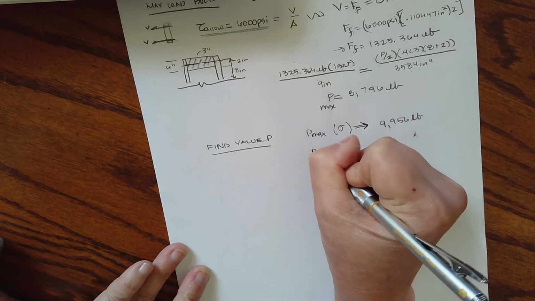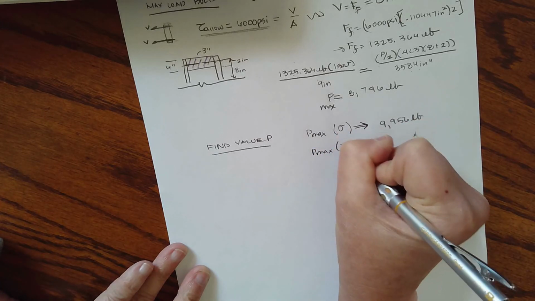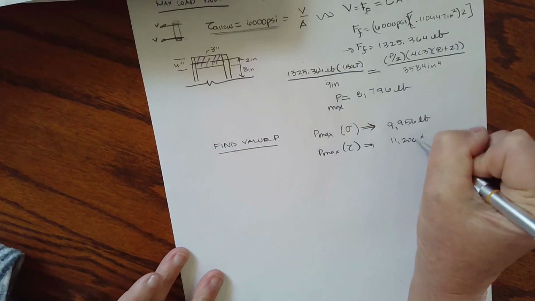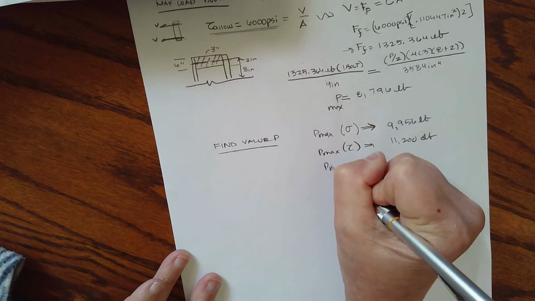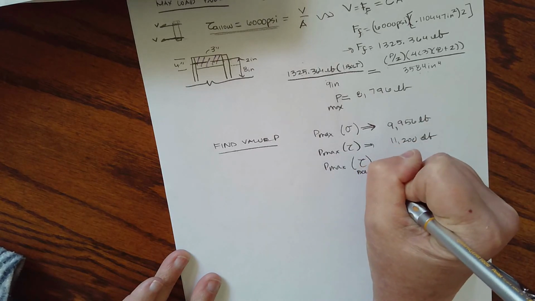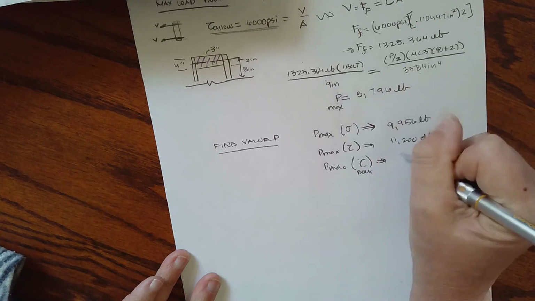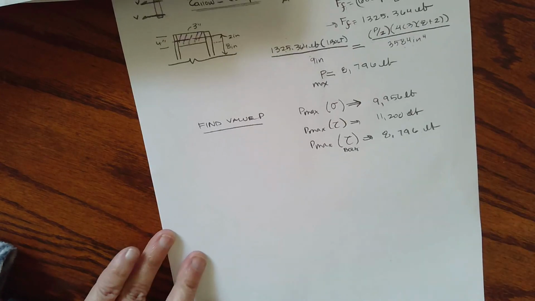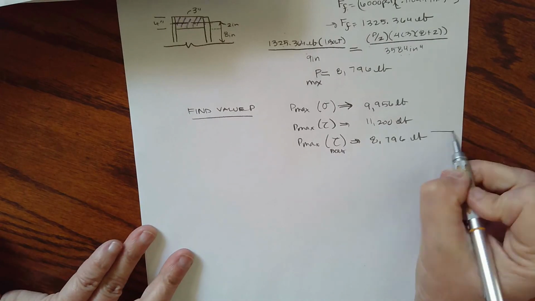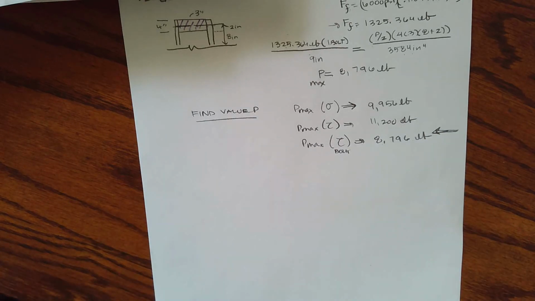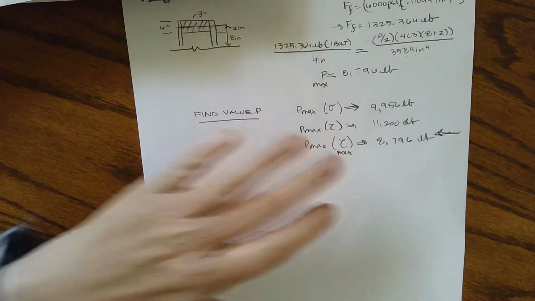We had a P max from the shear stress of our plywood, and that was 11,200 pounds. And then we had a P max, which came from the shear stress of our bolt, and that was 8,796 pounds. So the limiting or the maximum P that we could put on the system is 8,796 pounds. It is limited by the bolt capacity.